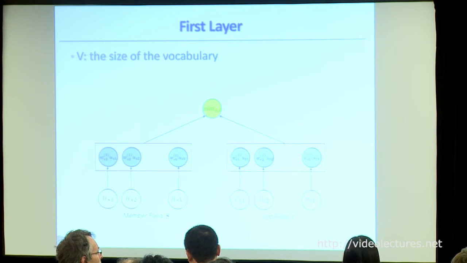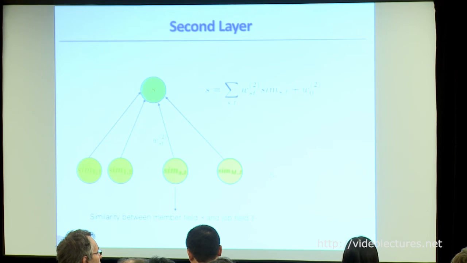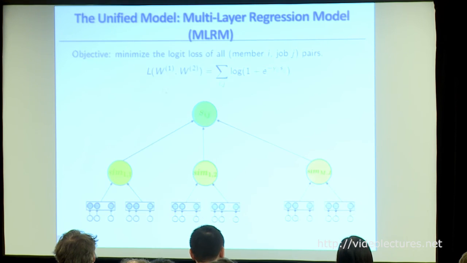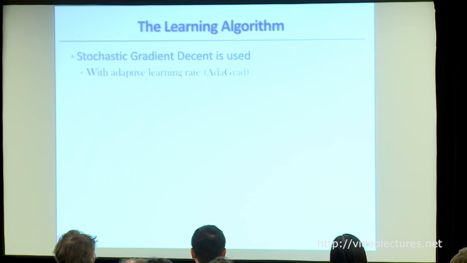In the second layer, we do a linear combination of all the field pairs, and then we can calculate a score for this user and job pair. Finally, we use this loss function to determine whether this user I and job J should form a link. For learning, we just use stochastic gradient descent.